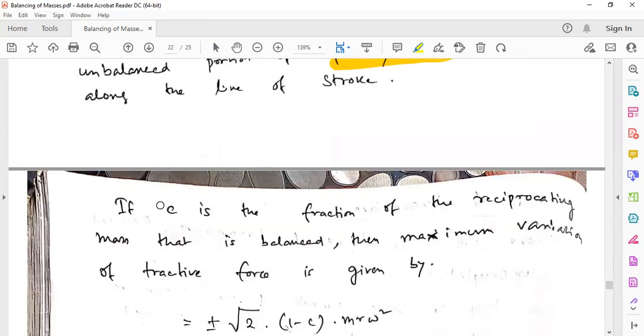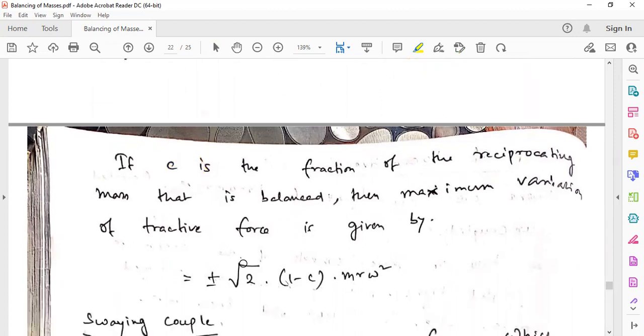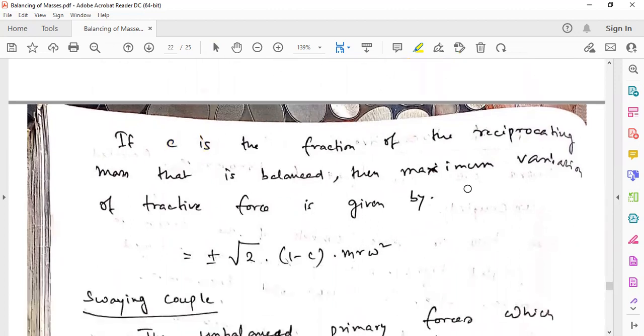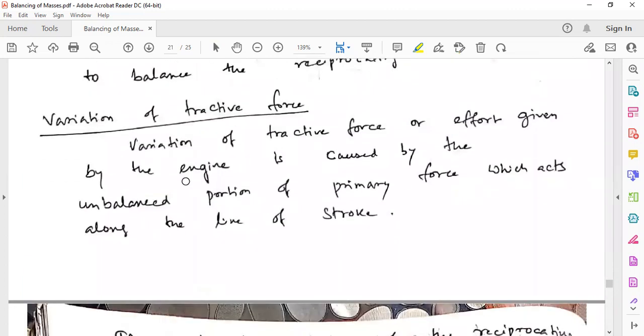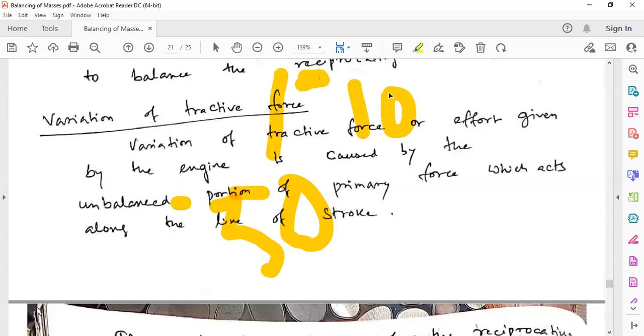So let's take c, small c, as the percentage or fraction of the reciprocating mass that we can balance. We can say that the minimum tractive force is, suppose, 50 newton, and it goes to 100 newton, then it again reduces to 50 newton, then again goes to 100 newton.